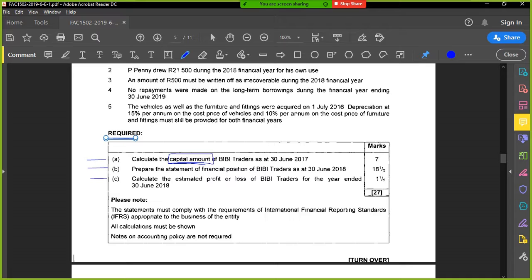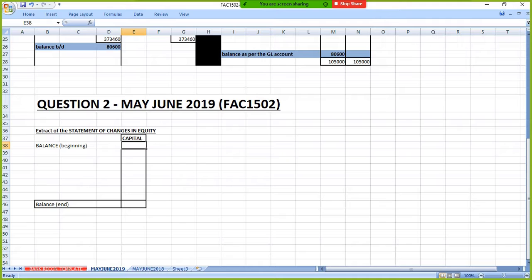So that's what you're looking at. That's number 1, and that's going to be at 30th of June. 30th of June is obviously going to be when? The beginning or the end? Beginning. Have a look. You've got 30 June 2018, 30 June 2017. So they actually want you to find the beginning.